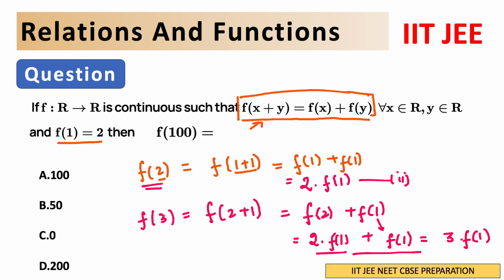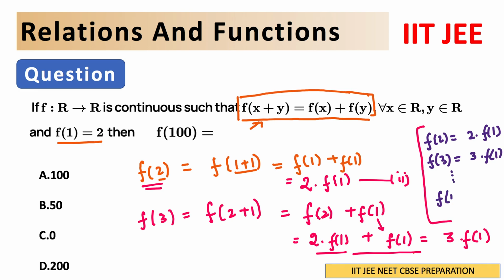This is also one way to generalize that. f2 was equal to 2 times f1. Similarly, f3 was equal to 3 times f1, right? So if we generalize for any n, the value will be n into f of 1.